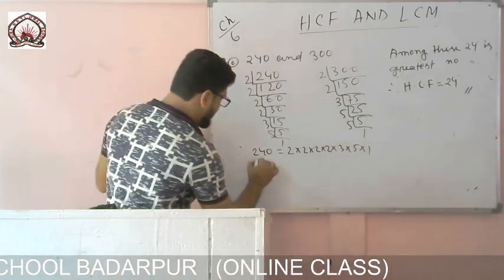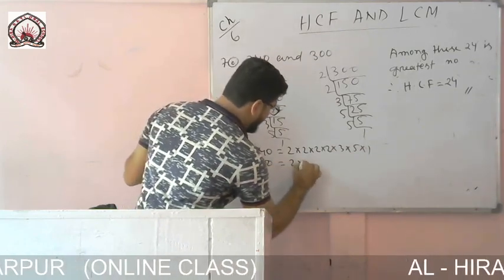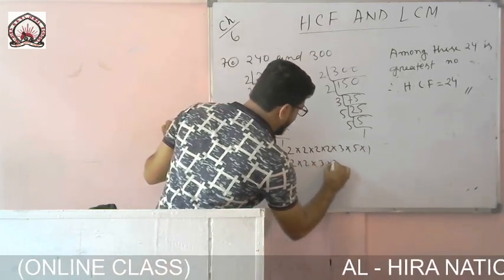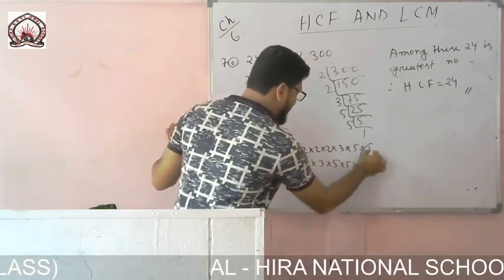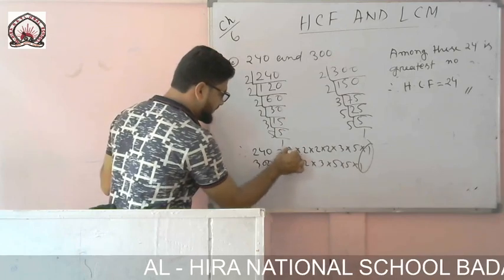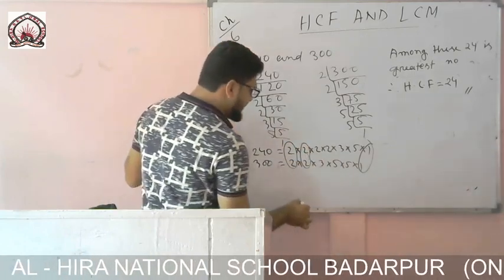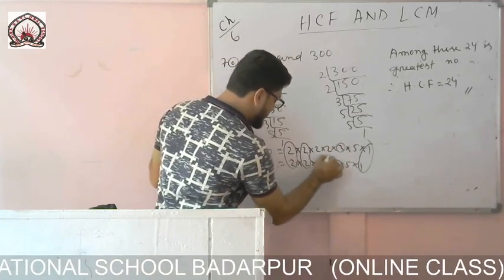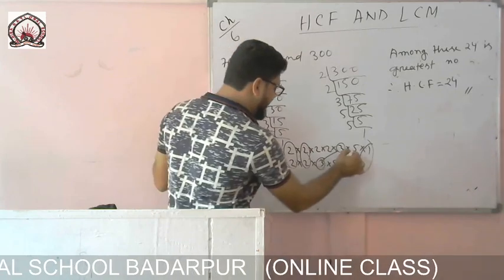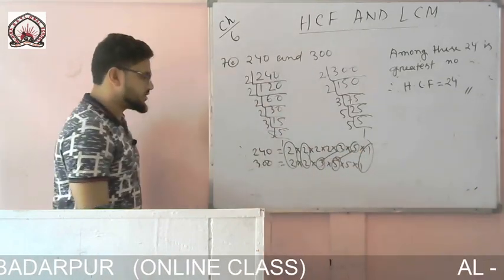Then 300 is 2 into 2 into 3 into 5 into 5 into 1. So here 1 is common already. Now these two, then these 3, then these 5. Okay, and there is no more common.